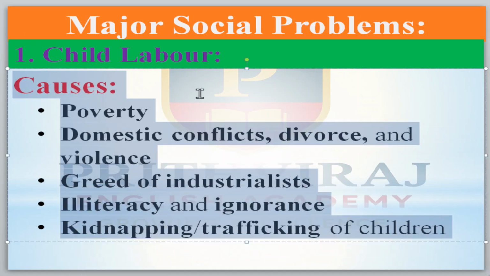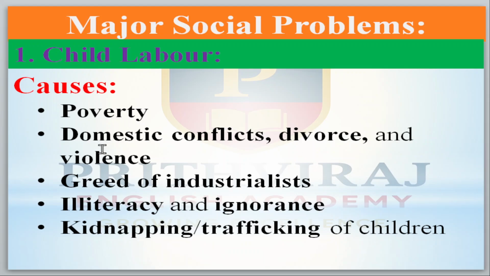First one is poverty, domestic conflicts, divorce and violence, greed of the industrialists, illiteracy and ignorance, kidnapping and trafficking of children. These are the main causes for child labor.